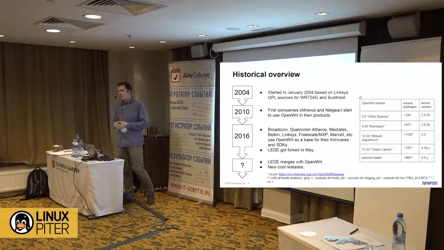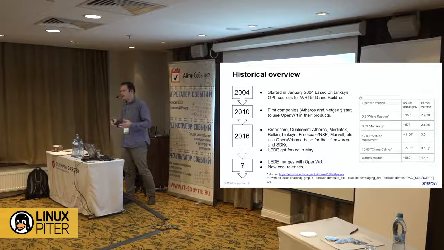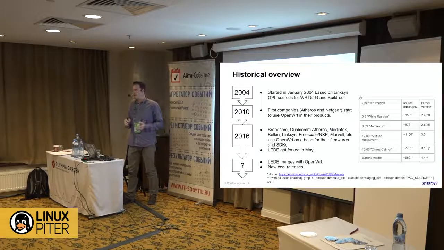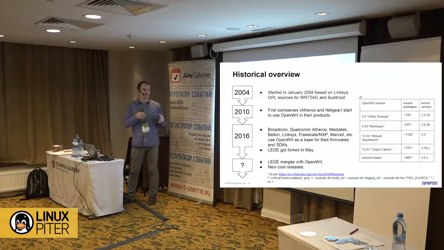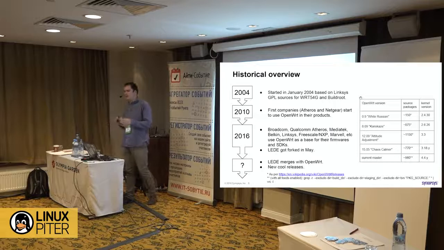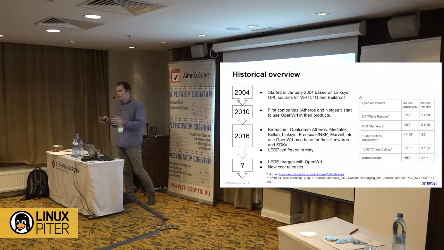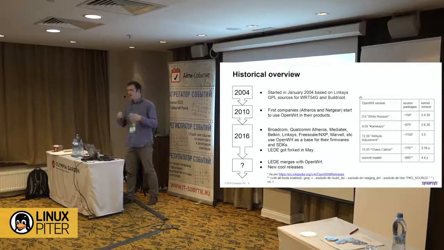Something that started as a hobby of a couple of German guys finally reached the state when big companies, most probably Atheros as a manufacturer of SoCs and Netgear as a manufacturer of consumer devices, started to use OpenWRT as a base of their firmware, and they continue to do so. And over the years, more and more companies joined them.